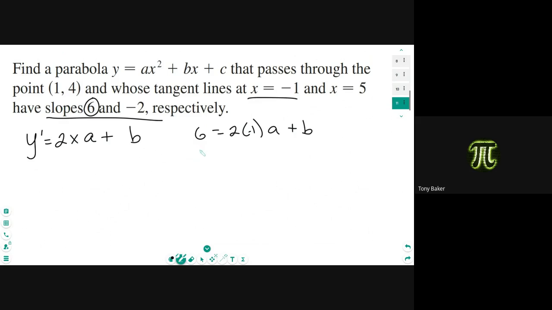And then the other one is negative 2 equals 2 times 5, a plus b. You now have what? You have a system of equations. Find me a and b.